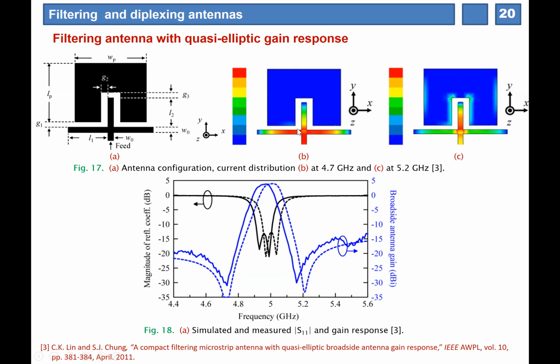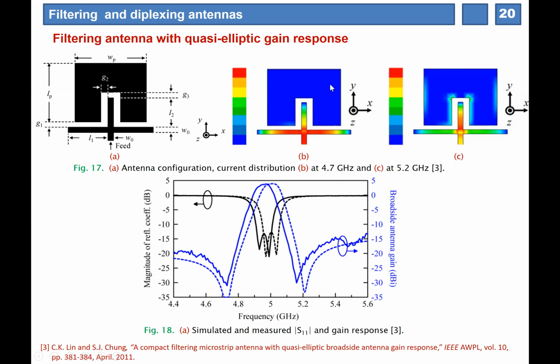So the feeding line is first fed to a, I will say this is a 2L structure. This is 1L and this is 1L. So what is happening if we feed power at port 1?